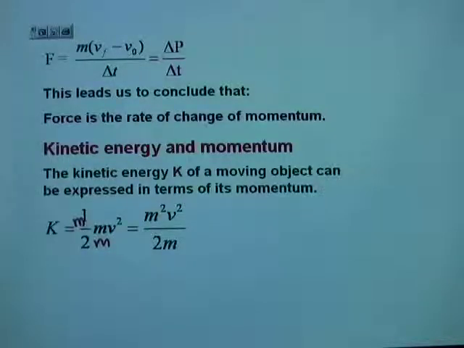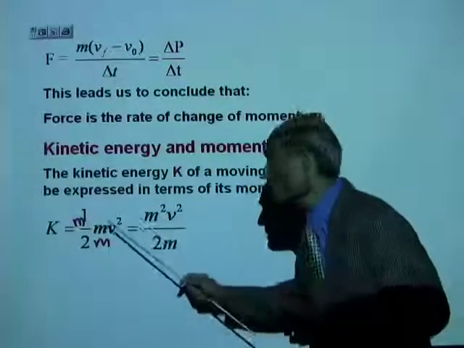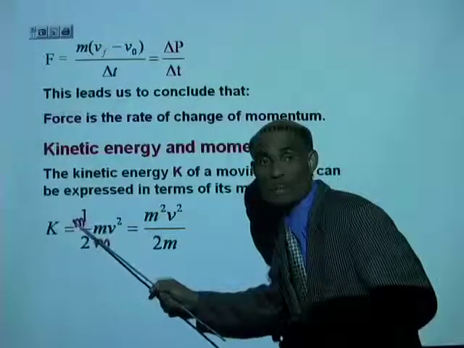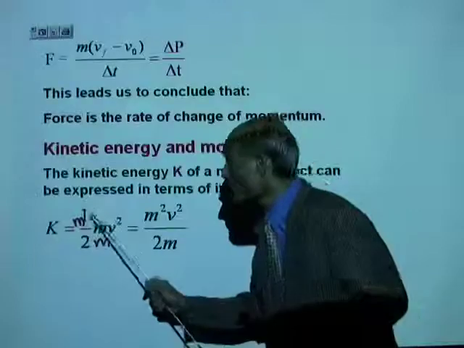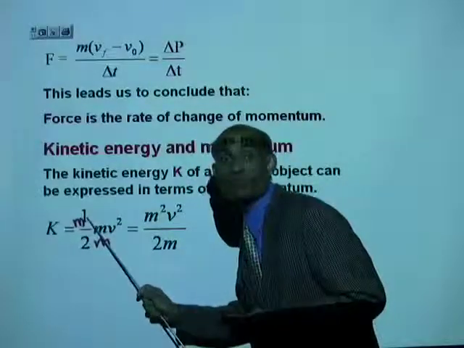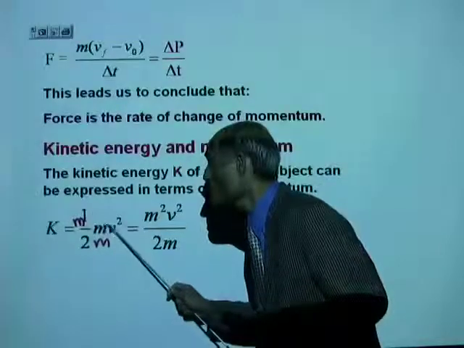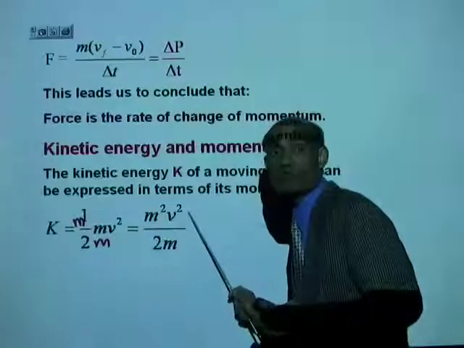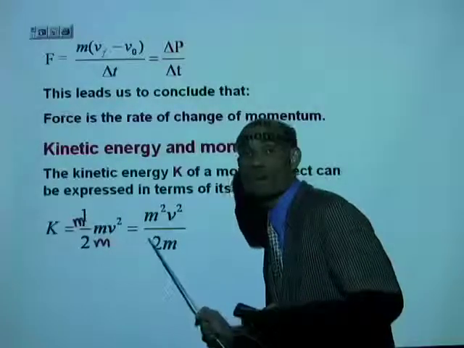Now, why did I do that? Well, to make it a little more user-friendly. Look at this. If you don't want it, these mass and mass get cancelled. But by multiplying the numerator by m, this becomes m times mv squared, become m squared v squared, and the denominator is now 2m.